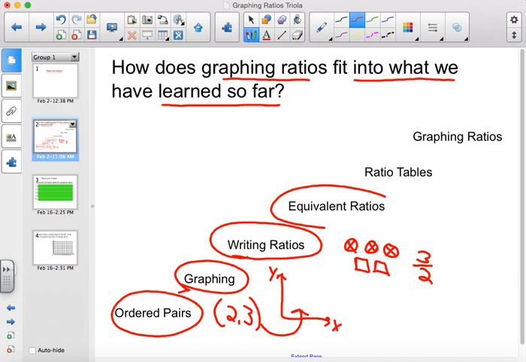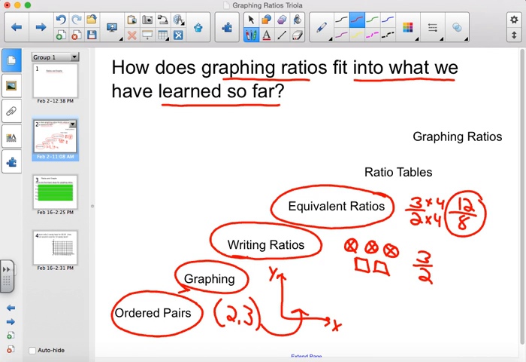Then we learned how to create equivalent ratios, and we learned that we can do that through multiplication or division. And we talked about proportions and proportional and equivalent amounts.